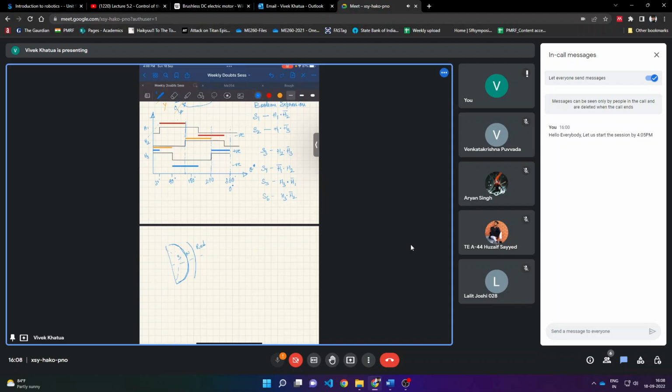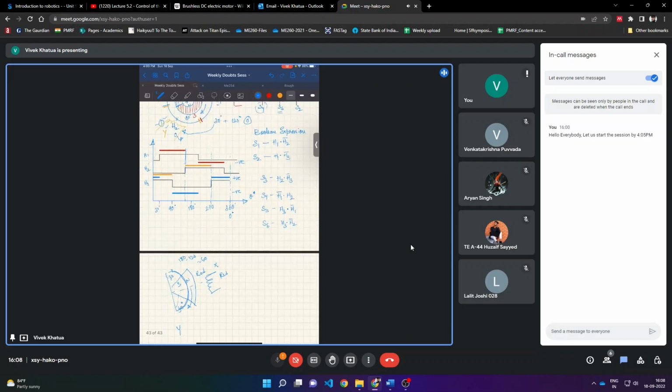Now out of 180 degrees minus 120, you'll have 60. Here you'll have 30 degrees, here you'll have 30 degrees. This is now stuck here. Now if I do anything to the red coil, it's not going to move. So what I'll have to do is switch off this one. If I want to continue rotation this way, I'll switch on the Y coil. So that is how this Boolean expression is determined.